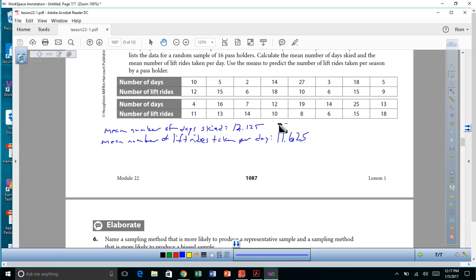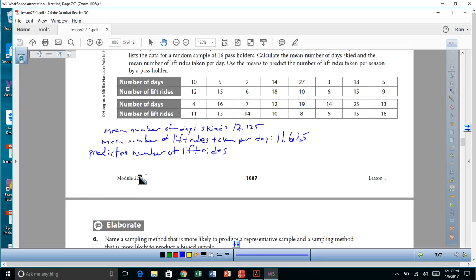So the predicted number of lift rides taken by a pass holder per season. Predict the number of lift rides.